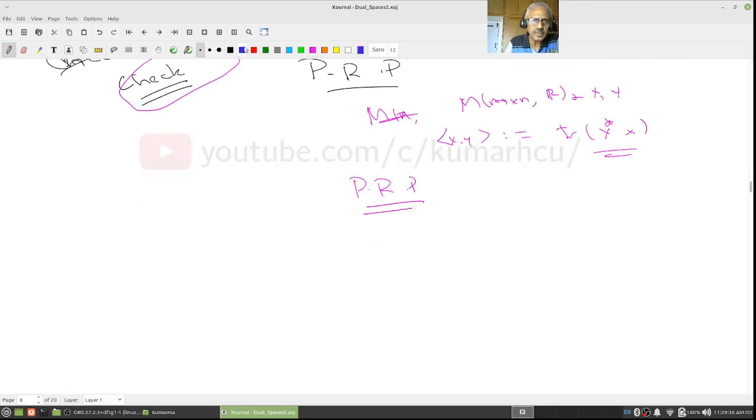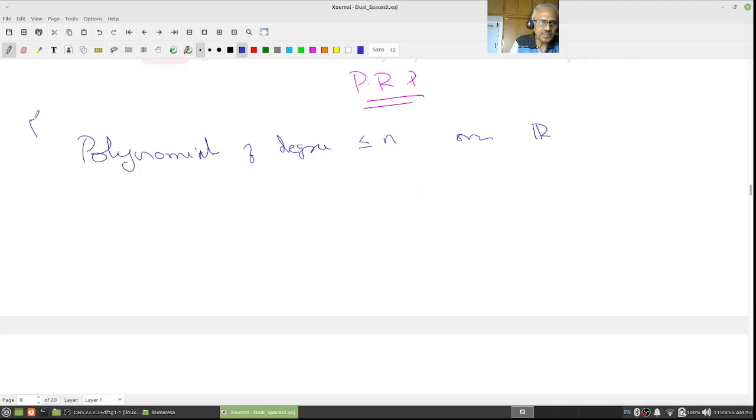Okay. Now we want to digress into the next example. Let us look at polynomials. Again, let us stick to only over R. This is the next example. Now we have a natural basis: 1, x, up to x power n.